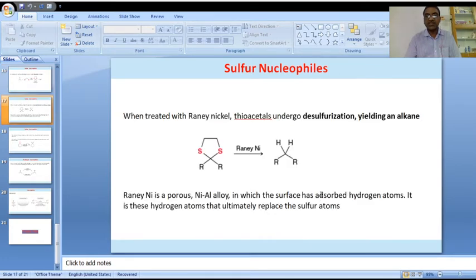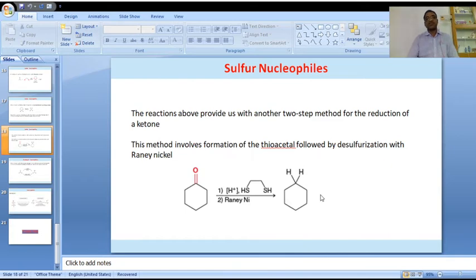Here please observe the same cyclic ketone reacting with the compound containing two sulfur atoms in presence of acid. It is converted to a cyclic thioacetal. Is it clear? In the first step, cyclic thioacetal.